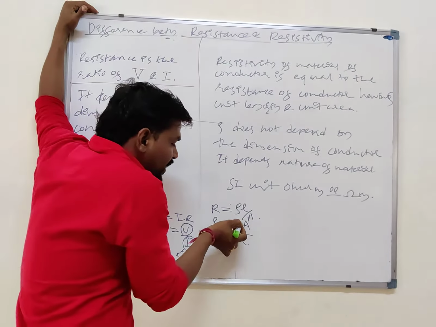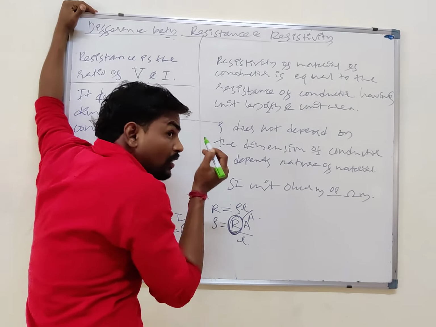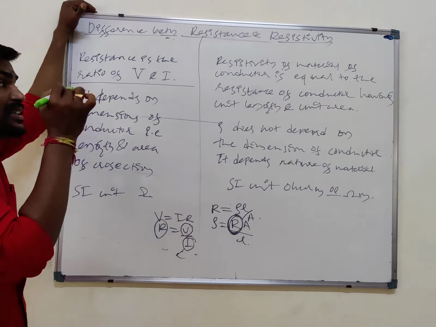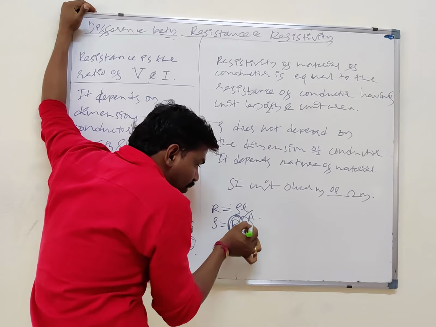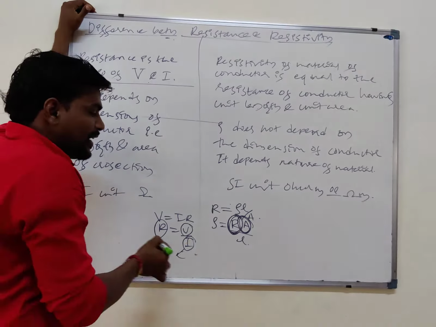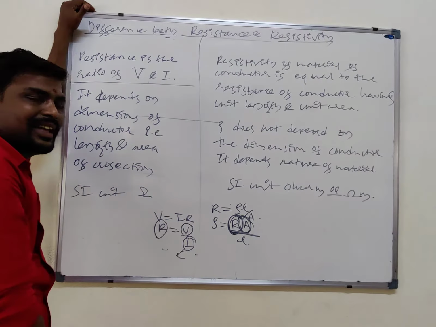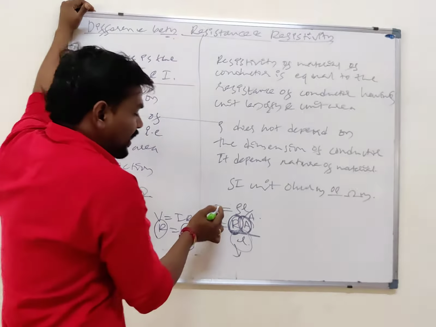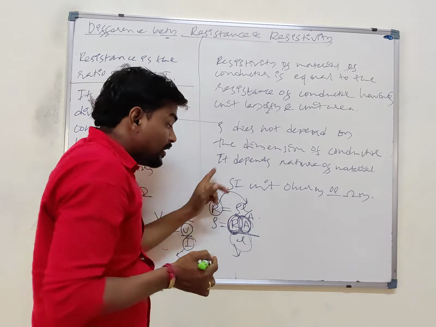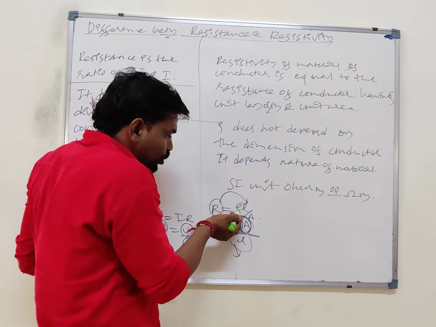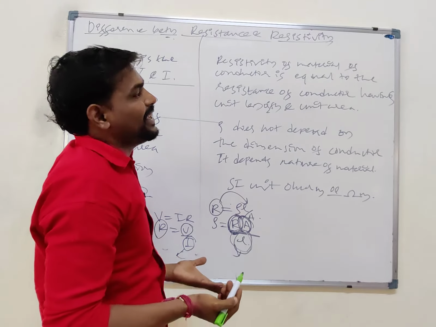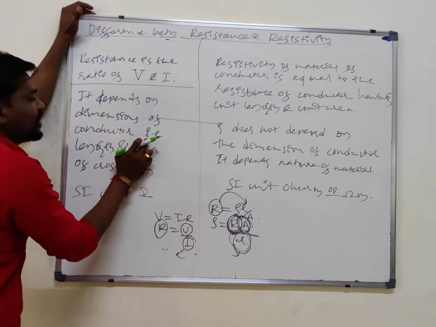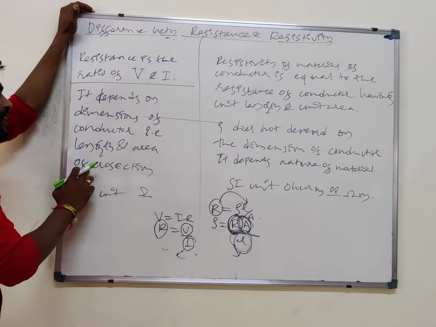So resistance is directly proportional to length, and inversely proportional to area. When we write resistance, it is directly proportional to length. If we take rho, it automatically becomes inverse. So then it depends on dimensions of the conductor, that is length and area of cross section.